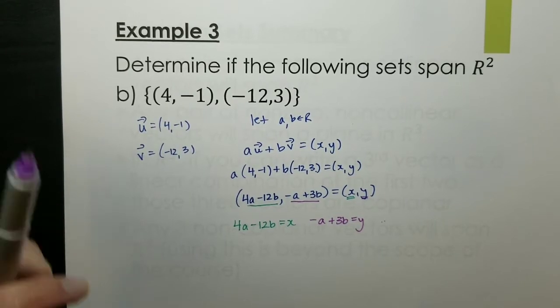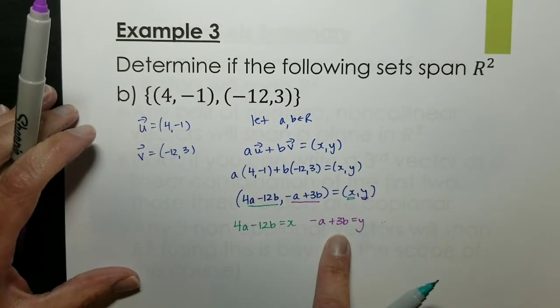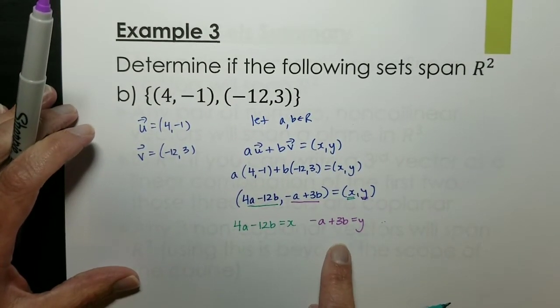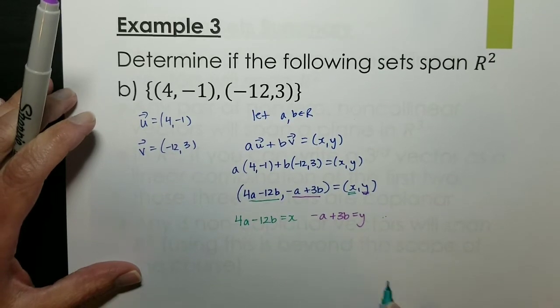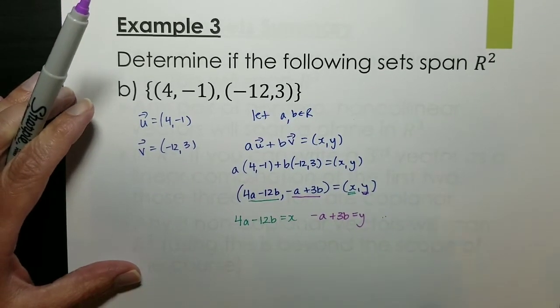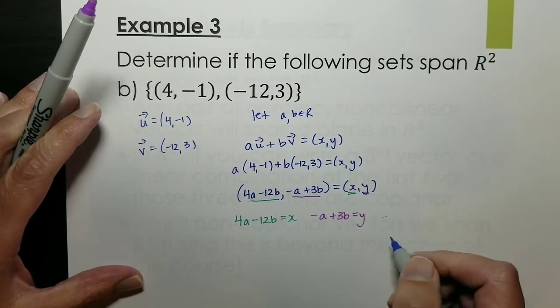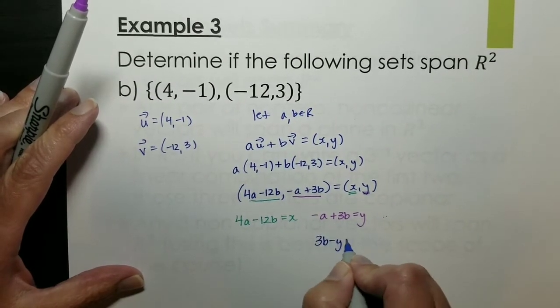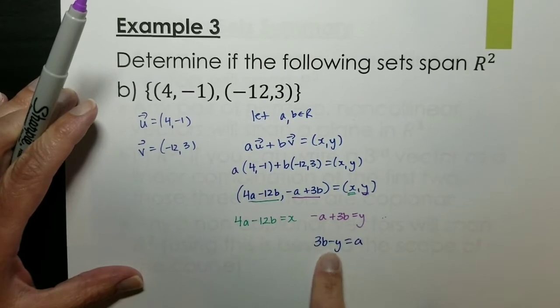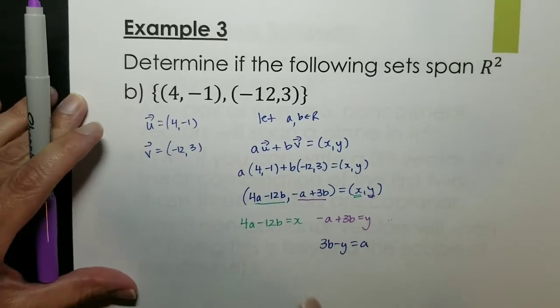So again, I'm going to want to solve and figure out if I can find an expression for A and B in terms of the X and the Y. So I'm going to probably just do substitution again here. So 3B minus Y equals A. I'm going to take that and sub it up into equation number 1.